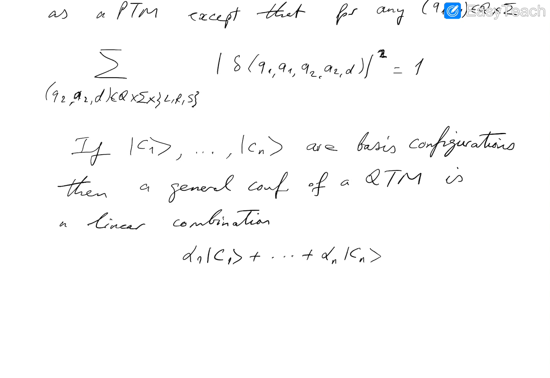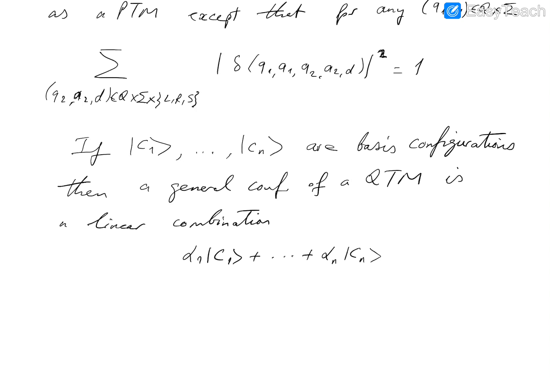We may consider these basis configurations as an orthonormal basis of a Hilbert space. So a general state of a quantum Turing machine is a superposition of basis states, a unit length vector in the configuration space.